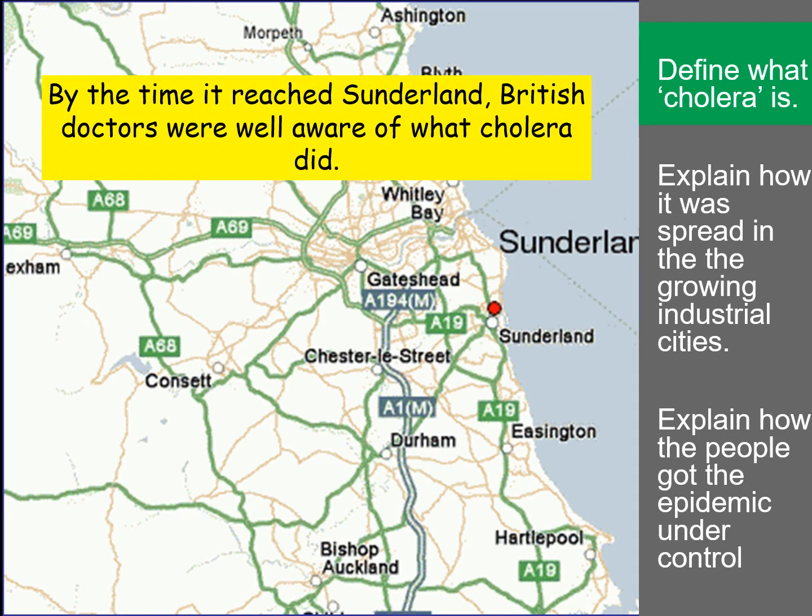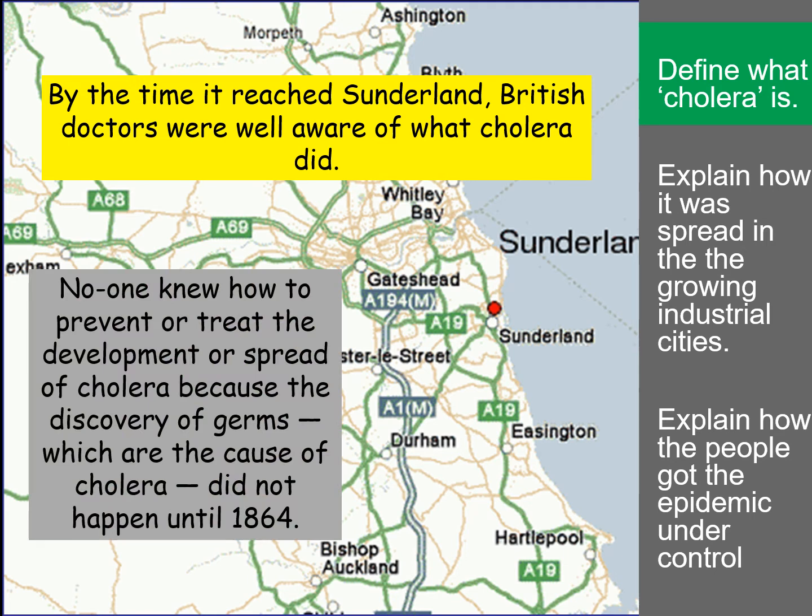So by the time it reached Sunderland, British doctors actually knew what cholera was and what it did. The problem was no one knew how to prevent it or to treat the development or spread of it, because the discovery of germs, which is the cause of cholera, didn't happen until roughly 34 years after this infection was present.